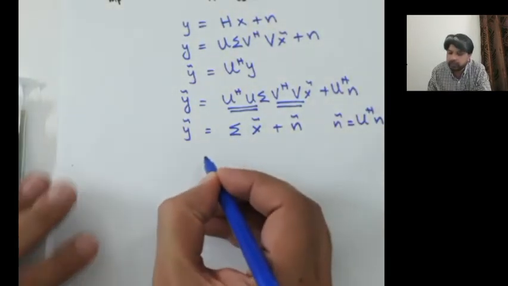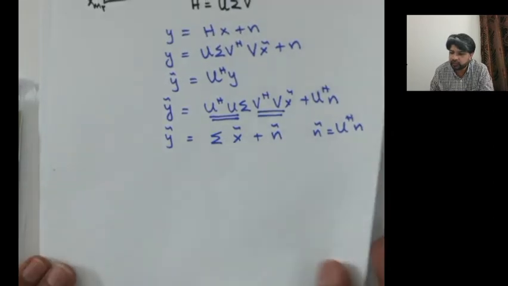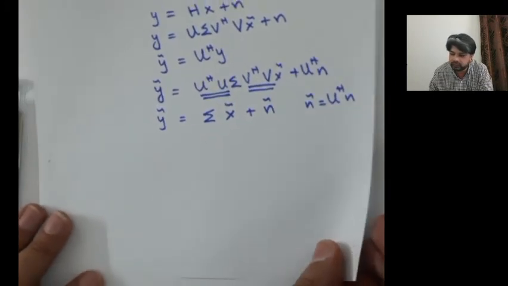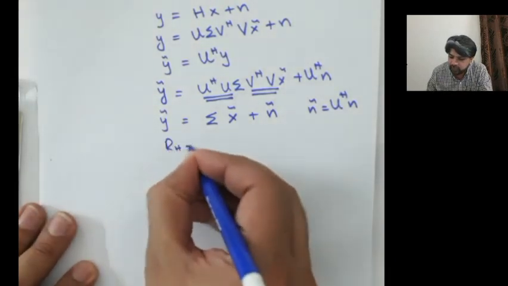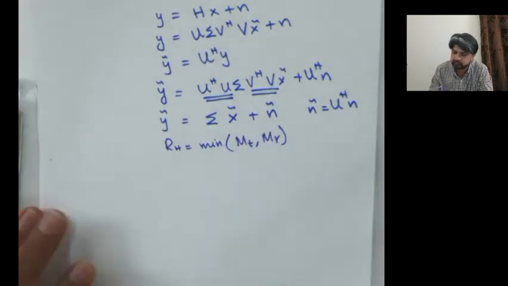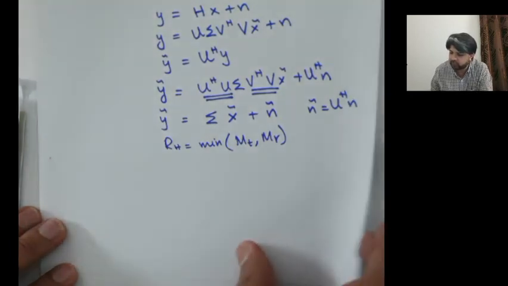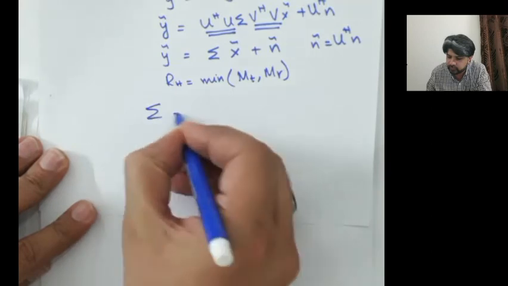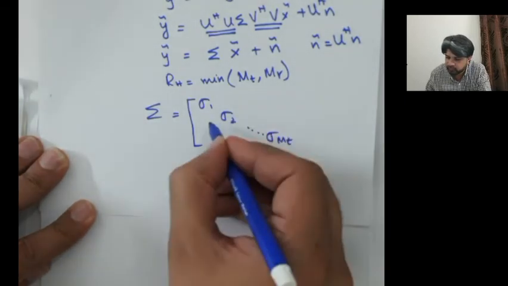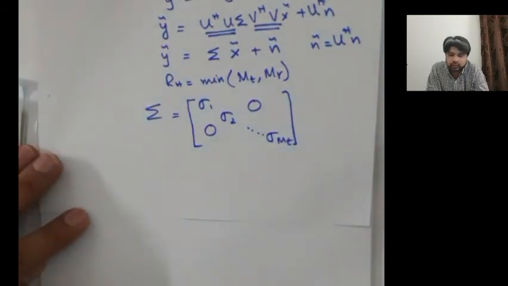So this sigma, depending upon the number of transmitting antennas and the number of receiving antennas, would be either a fat matrix or a skinny matrix, but nevertheless you have RH number of parallel channels, where RH is the rank of the channel matrix, which, if it is full rank, would be equal to the minimum of MT, MR. So this sigma would be a matrix comprising the singular values sigma 1, sigma 2, up to sigma MT, and, let's assume that MT is equal to MR, and all zeros elsewhere. So this would be your sigma matrix.